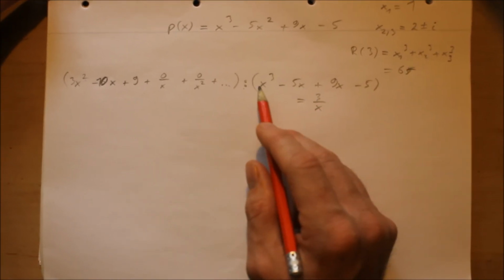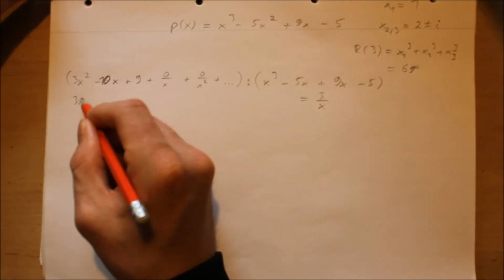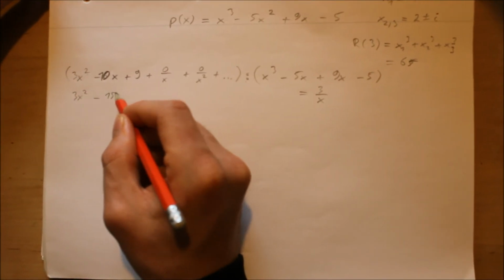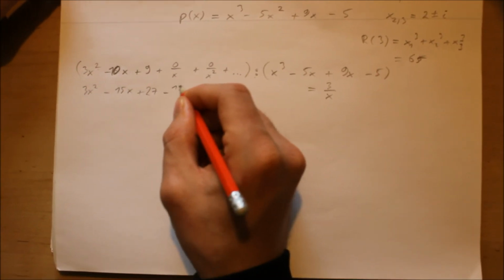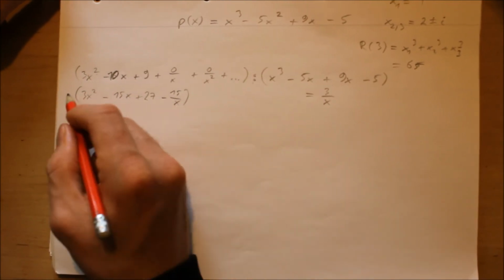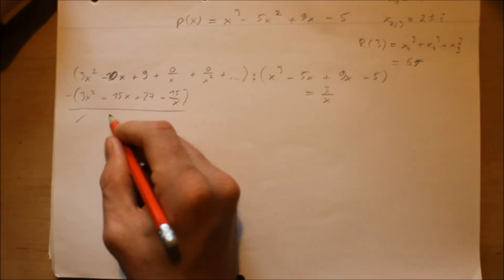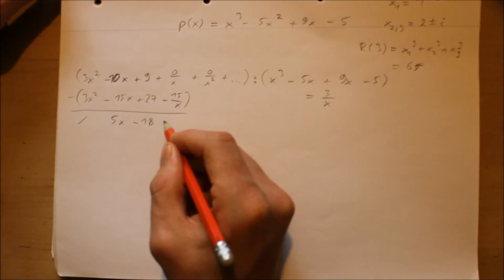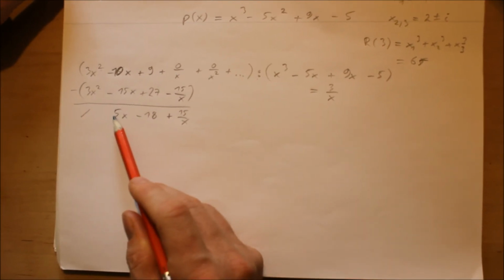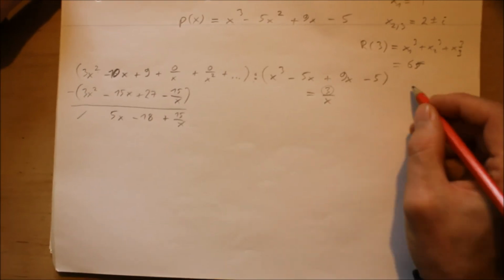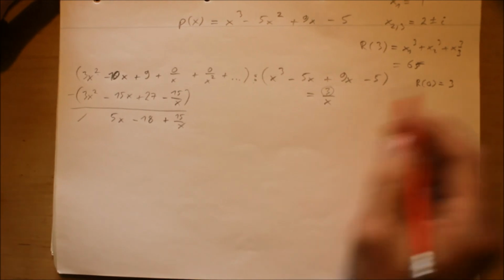Multiplying this term through our polynomial, we have 3x squared minus 15x plus 27 minus 15 over x. We subtract that. First term cancels out and we are left with 5x minus 18 plus 15 over x. So this term is R0, and it makes of course sense that this is 3.